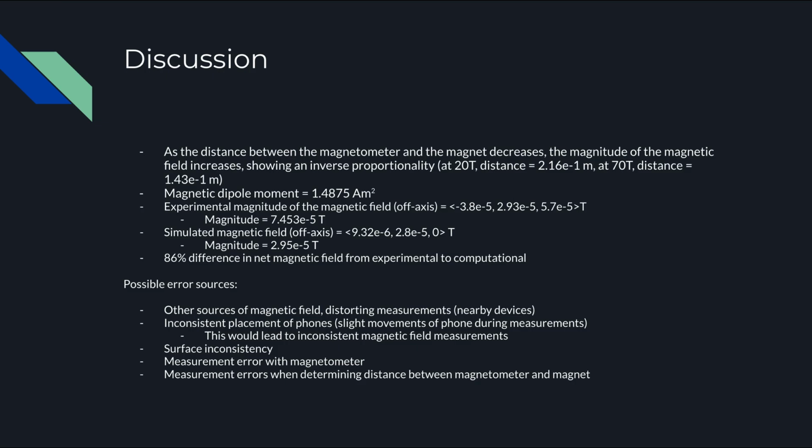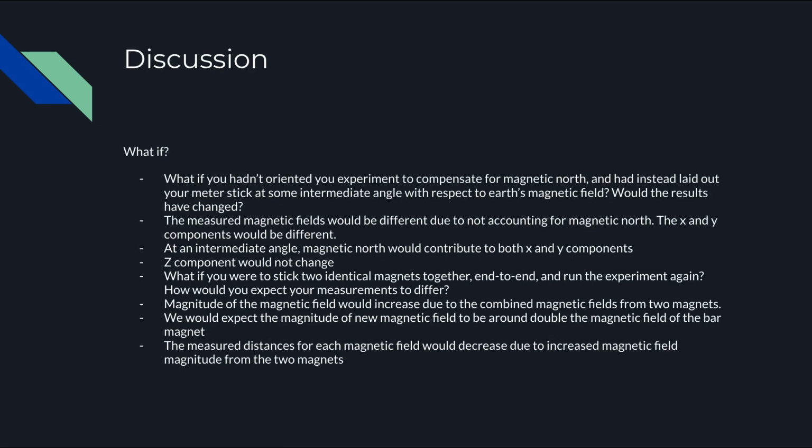The experimental magnitude of the off-axis field is as follows, with a relatively larger magnitude, and the simulated has a smaller one, which is an 86% difference in the net magnetic field from the experiment to the computational. Sources of error could be distortions of the magnetic field from nearby devices, inconsistent placement of phones leading to inconsistent magnetic field measurements, surface inconsistency, and measurement error.